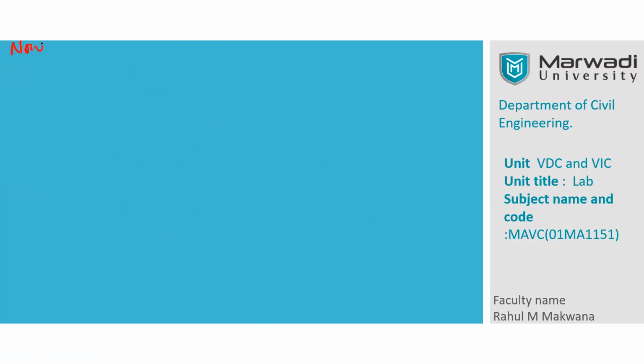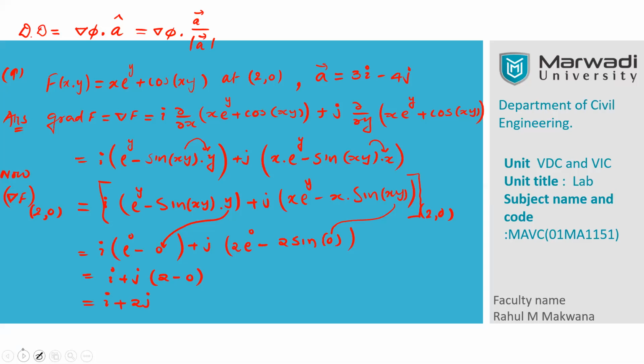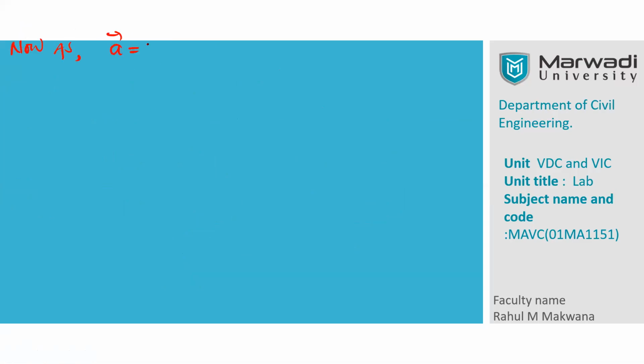So now, as vector A is equal to 3i minus 4j, its magnitude is the square root of 3 square, the coefficient of i, and minus 4 square, the coefficient of j.